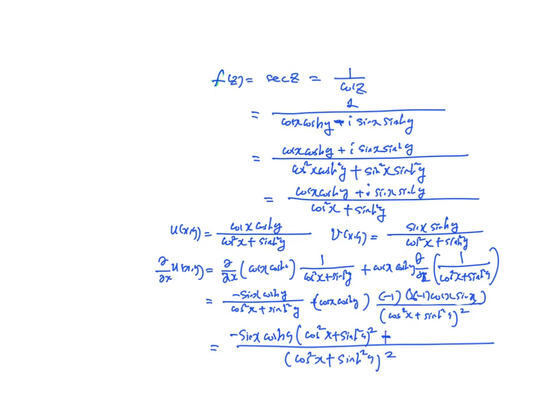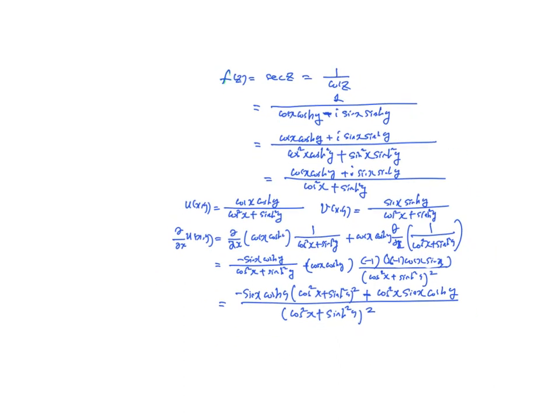So minus minus plus cosine square x sine x cosine hyperbolic y. So it becomes cosine square x plus sine hyperbolic square y. Oh.